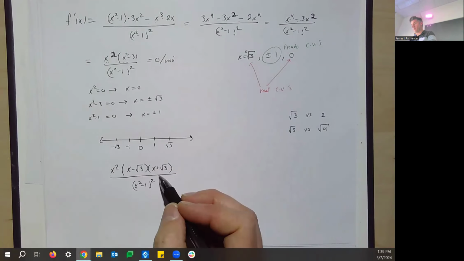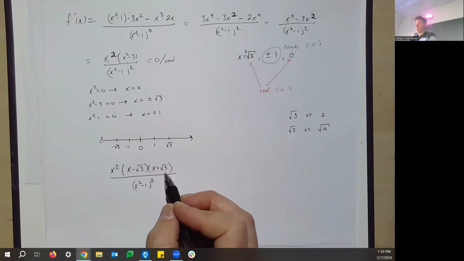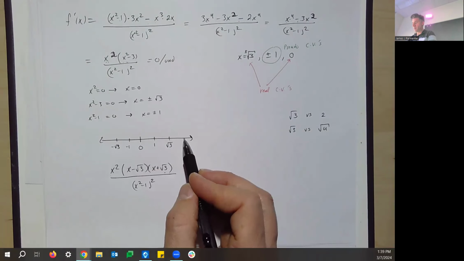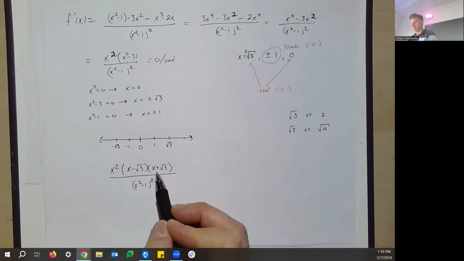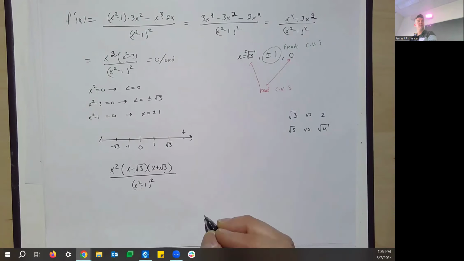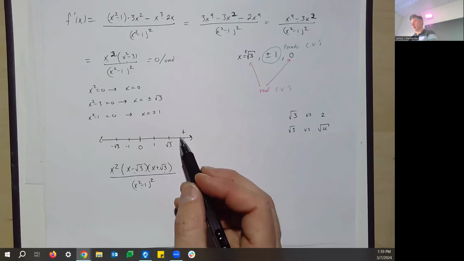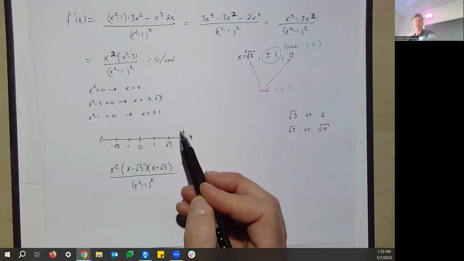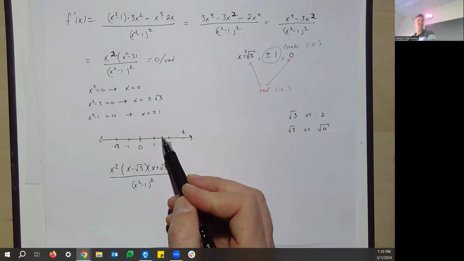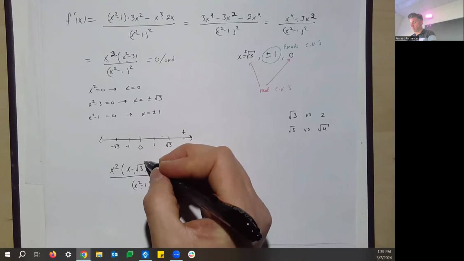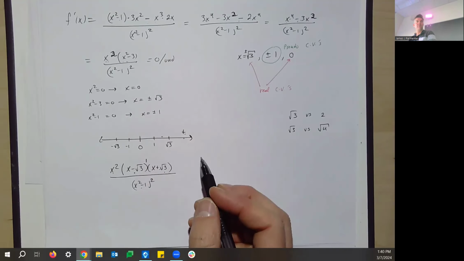So these parts are always positive. The only thing that's really going to affect what's going on is what's happening with x minus root 3 and x plus root 3. Pick a number bigger than root 3, like 5. Positive, positive, positive, positive. Are we going to change signs when we go from this side of root 3 to that side of root 3? Well, the root 3 came from there. The power is odd. If the power is odd, do we change? Yes, we do.